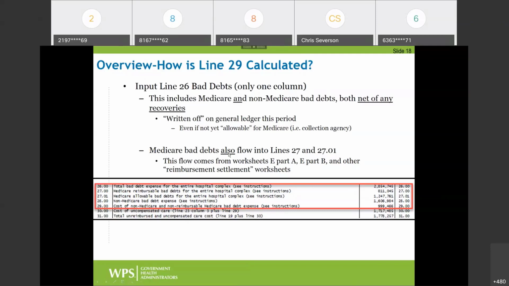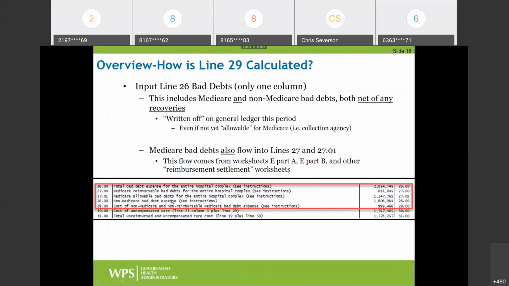Now, Medicare bad debts also, and I have that underlined on purpose, they also flow into lines 27 and 27.01. You don't input anything there. Whatever you have on E-Part A or E-Part B or any of those flows into line 27. Well, first line 27.01, they've got these two lines kind of reversed. 27.01, these are the allowable bad debts.